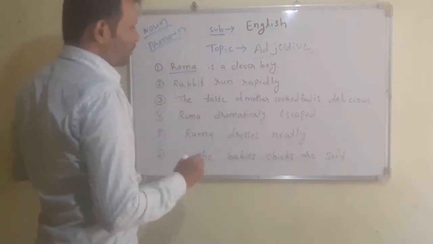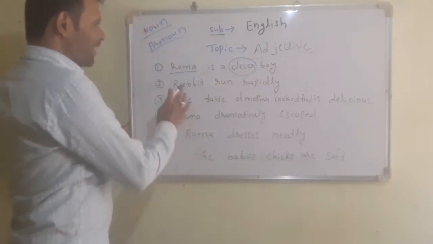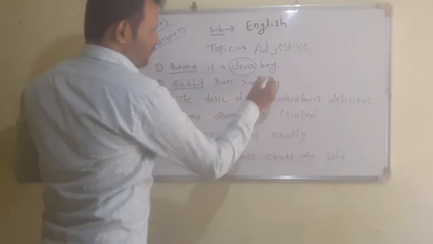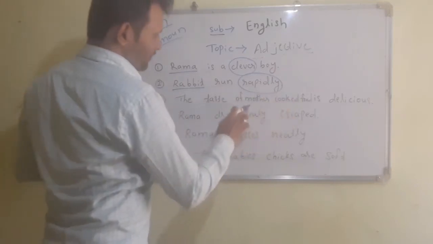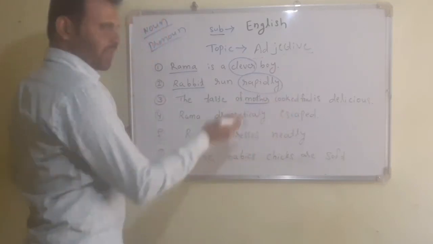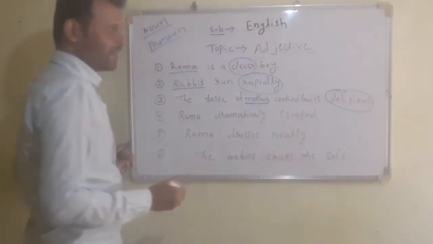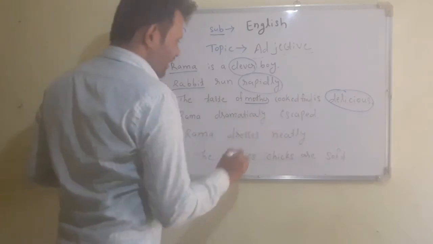See this. Rama is a clever boy. Rama is a noun, and here clever is an adjective. Then, rabbit runs rapidly. The taste of the food cooked by mother is delicious. Delicious is an adjective. Rama dramatically escaped.